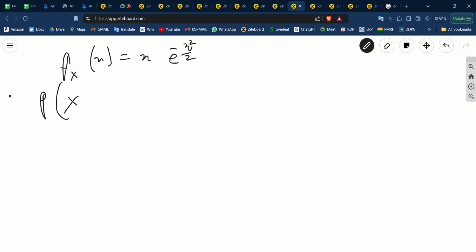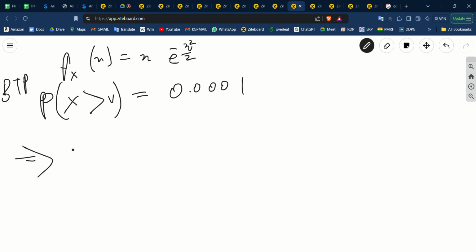By the problem, P(x greater than V) should be equal to 0.0001, which implies the integral from V to infinity of x e to the power minus x square by 2 dx should be 10 to the power minus 4.